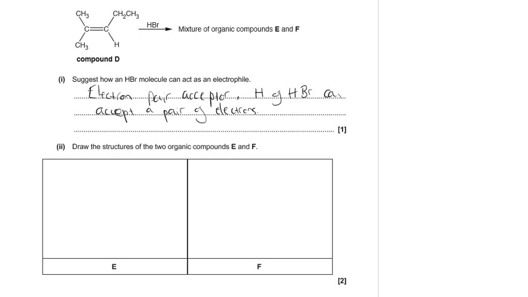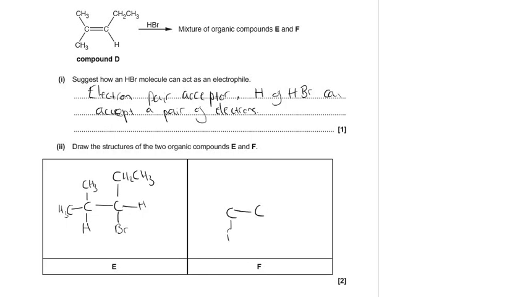So again, if we start by drawing out where the double bond would be for these 2 organic compounds, we can draw out a C and a C. In the first instance, I'm going to put a Br there and a H here, and then I'll put my CH3, so it's the 2 methyl groups, and then onto this one I've got the remaining H, and I've got the CH2CH3.